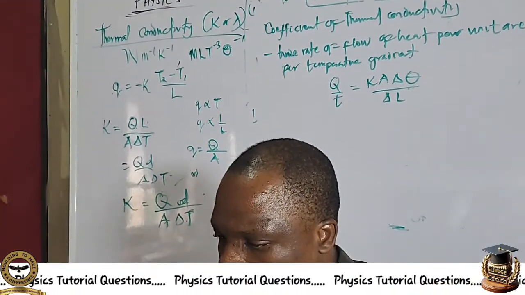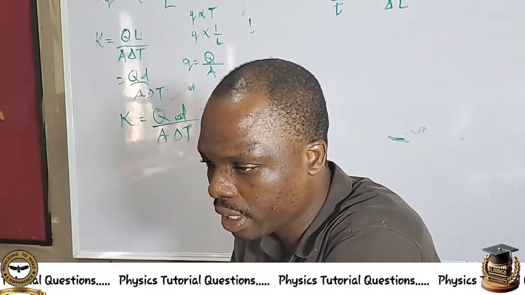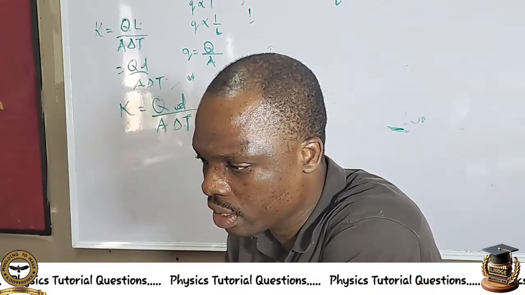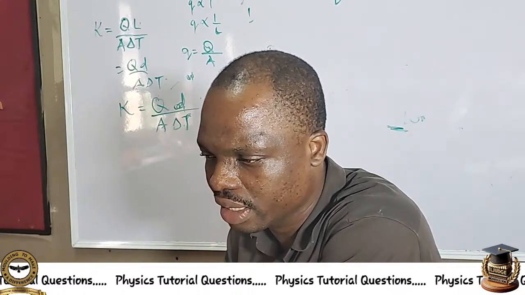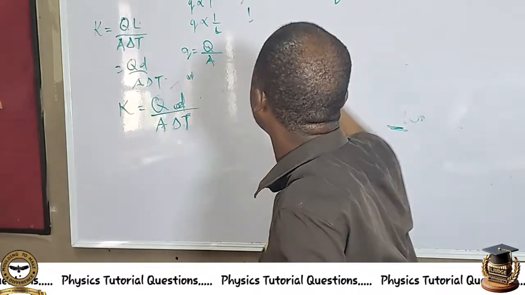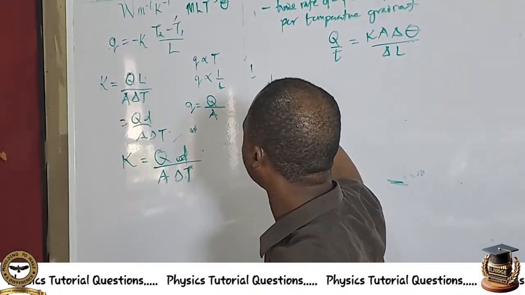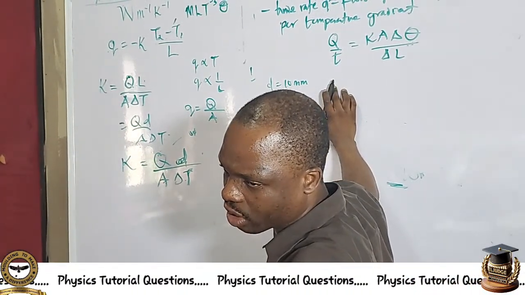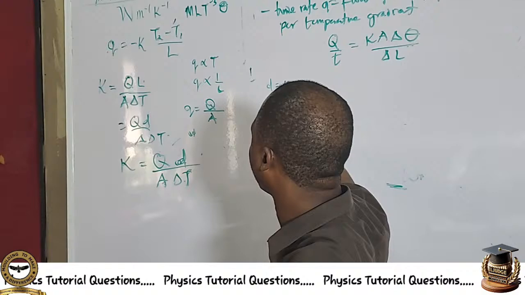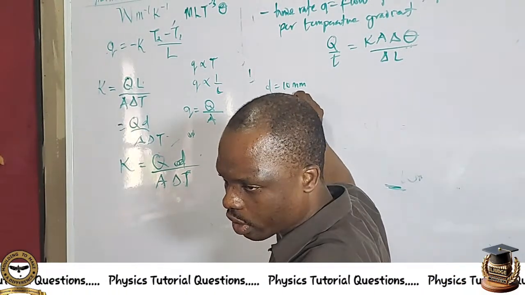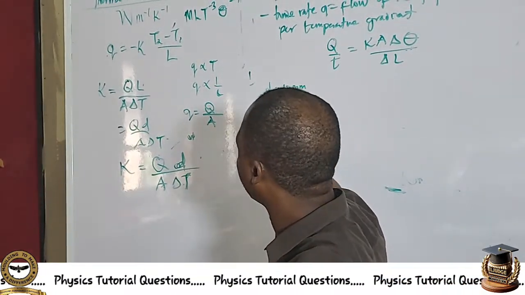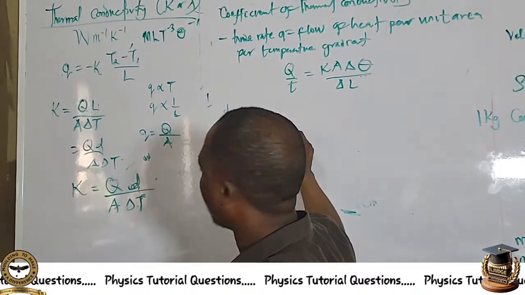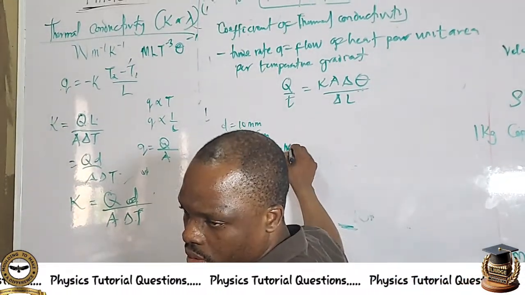Now, the question says the diagram illustrates a composite bar of iron and copper. The bar is insulated along its side and has a diameter of 10 millimeters. We'll be doing all this conversion. The length of the iron is 0.15 meter and its thermal conductivity is 40 watts per meter per Kelvin, respectively.